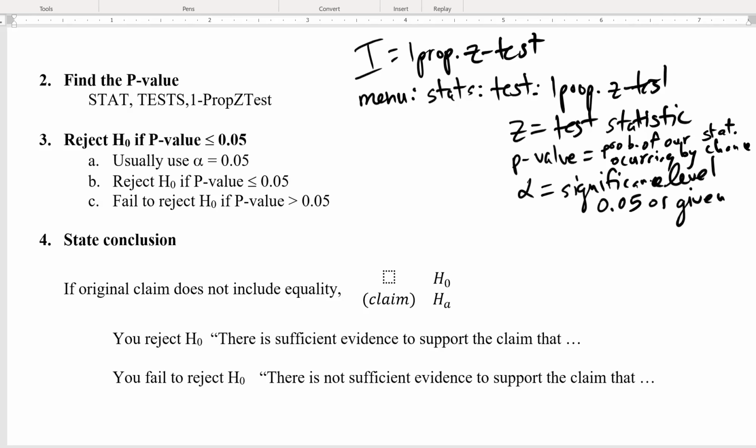Okay, so it'll give me the probability, and the significance level is basically anything, if it's above that, we say it's not significant enough. Anything less than that, we go, well, it's unlikely, and we will reject it.